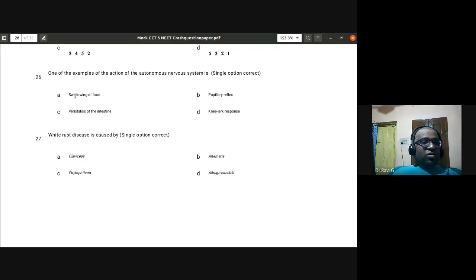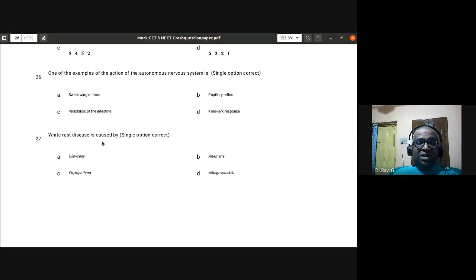Of these four, the 26th answer is peristalsis of the intestine. Peristalsis of the intestine, that is the contraction and relaxation of the intestine, is the autonomic nervous system.